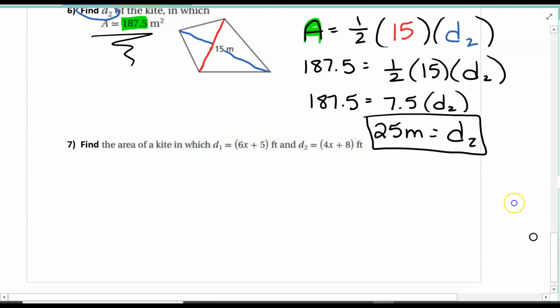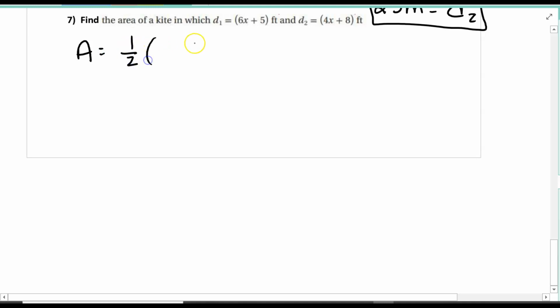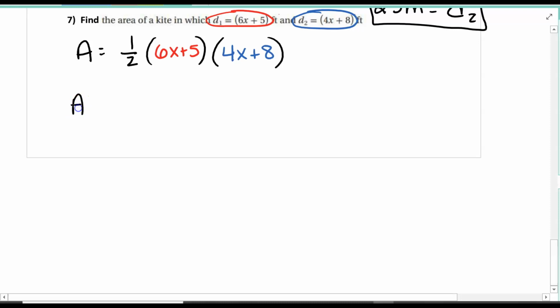But last question, number 7, again, just because they're giving you expressions does not change the formula. I still have 1/2 times one diagonal times the other. One diagonal is 6x plus 5. The other diagonal is 4x plus 8. And now I need to FOIL. My area is equal to 1/2 times, I get 6x times 4x gives me 24x squared.